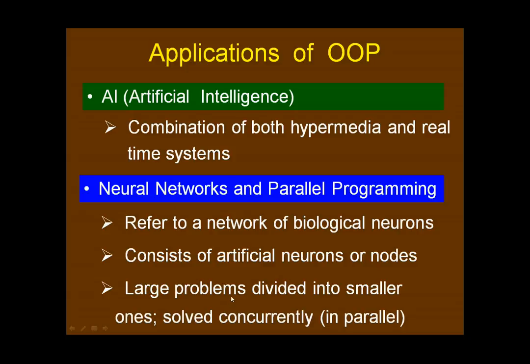And large problems can be divided into smaller ones and are solved concurrently. So, whenever we are in a position to solve a problem concurrently, that is in parallel, then it is known as parallel programming. So, these are all applications of object-oriented programming.